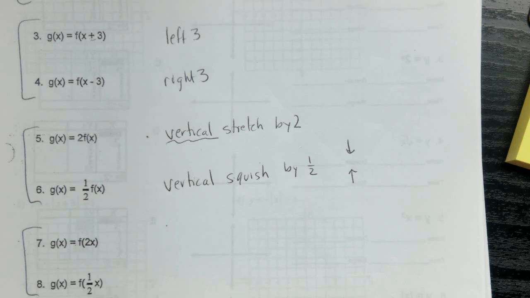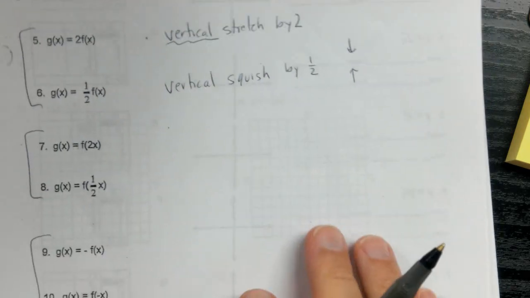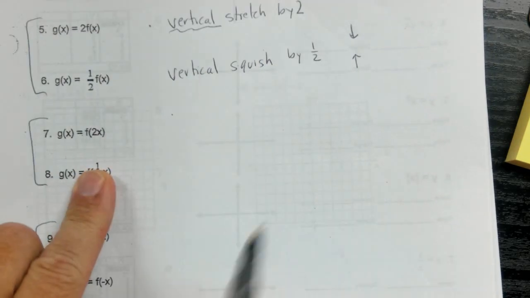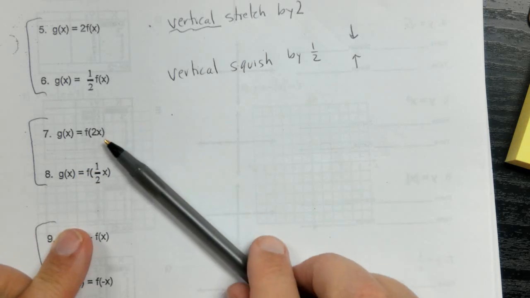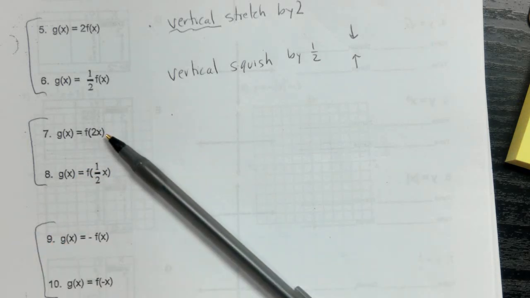Okay, we hadn't done 7 and 8. That's a little bit trickier. Any guesses what a 2x on the inside does? I'm not going to pick on someone because we hadn't done this. So it does something horizontally because it's on the x. And which way does it go? Does it stretch it out or does it squish it in?